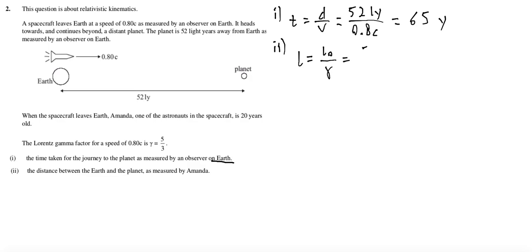Okay, so the proper one is 52 light years. The Lorentz factor is 5 over 3, as given. 52 times 3 divided by 5 is around 31 light years. Okay, so again, the idea of this exercise is to identify who, Amanda or the observer on the Earth, measures the proper distance. The proper distance is measured by the observer on the Earth. We have to find the distance measured by Amanda.